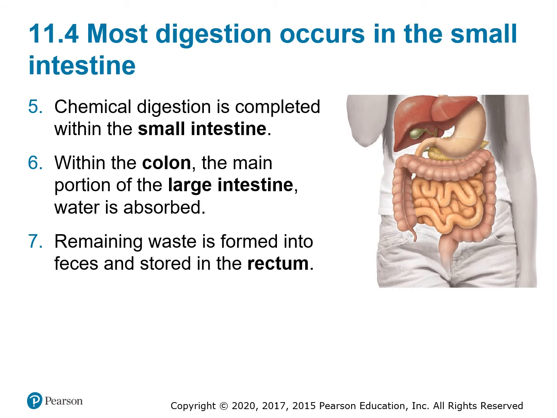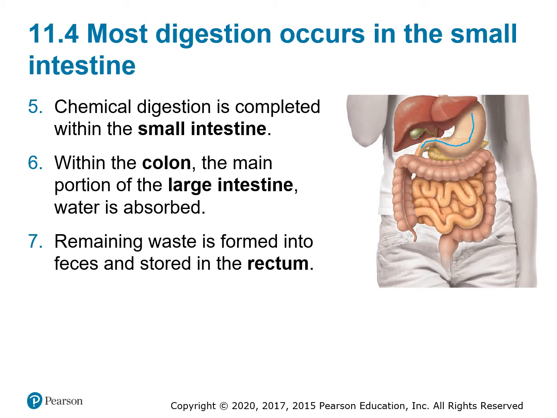So from there, chemical digestion, as I mentioned, started in the stomach and it's completed within the small intestine. In fact, most of chemical digestion occurs in the small intestine. And so just looking at this area here, so here's the stomach, right?